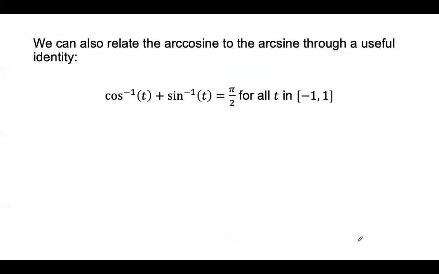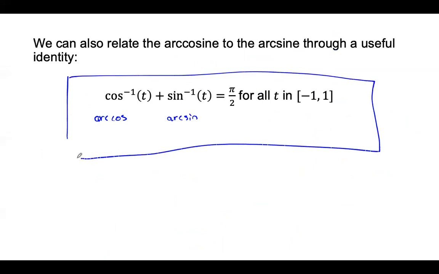So the arc cosine and arc sine are related through this kind of nice identity. If we remember, cos inverse is the same as arc cos, and sine inverse is the same as arc sine. So they relate to each other.